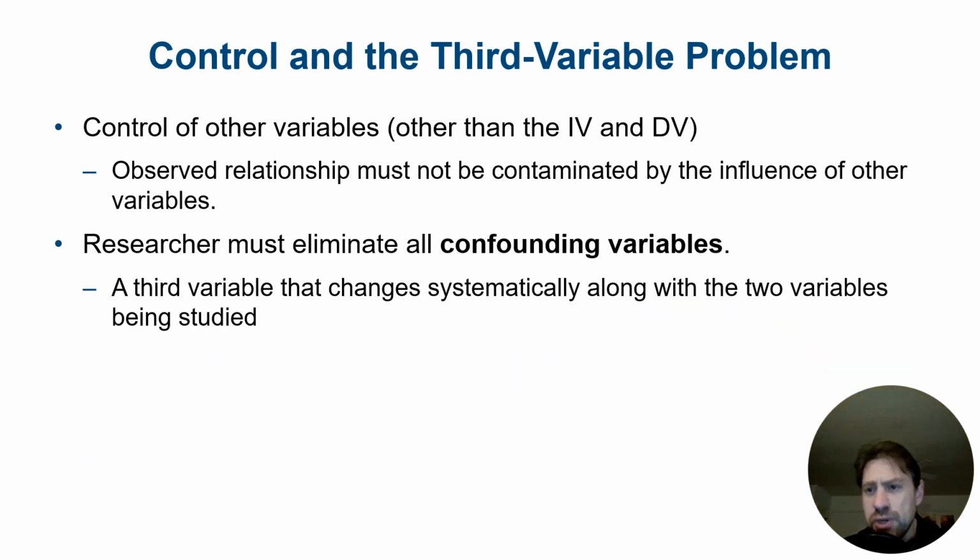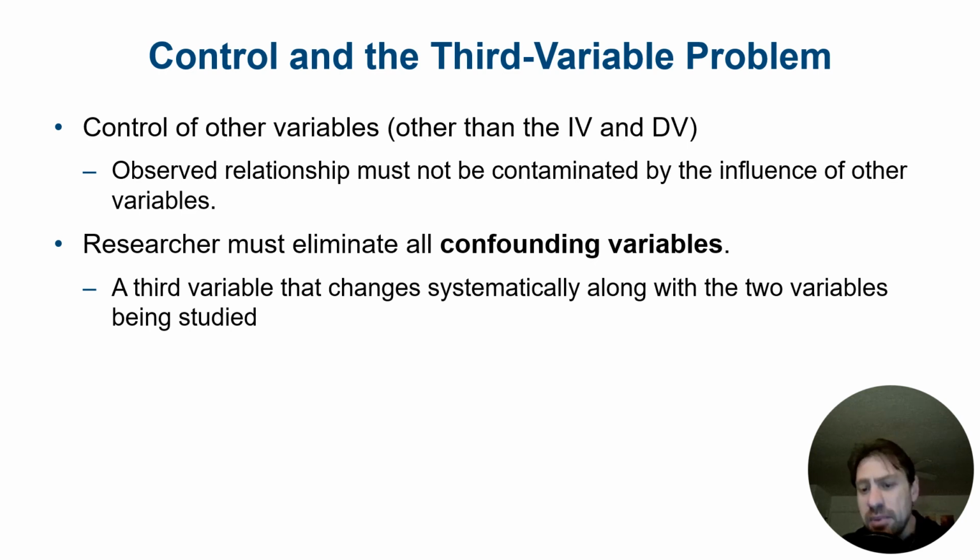So the other critical component of an experiment is the control of variables. And again, this is done to ensure that your results are not being influenced by any additional variables other than the ones being manipulated. So you want to manipulate the independent variable, and you want to control all the other variables that have the potential to influence your results.